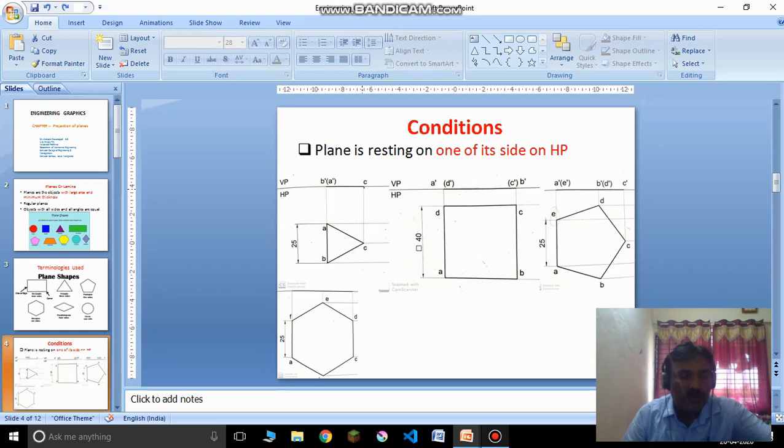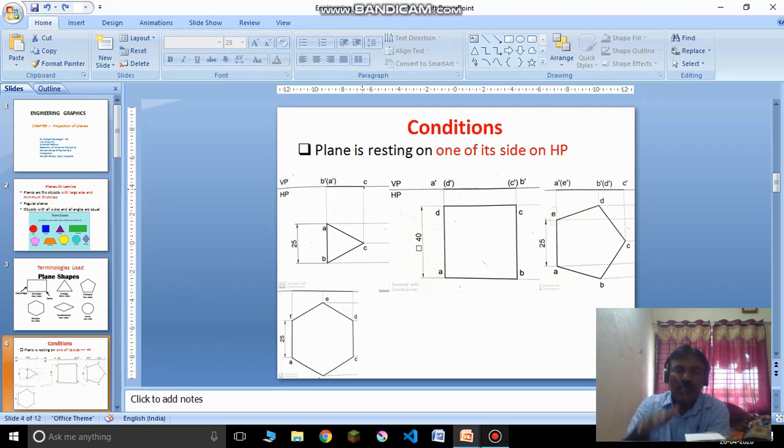If I take the example of a square lamina and give the naming A, B, C, D, it is on the horizontal plane. When I look from the top, the true shape is completely visible. I kept it in such a way that it is parallel to HP, on HP, such that one of the sides, you can say the AD side, is perpendicular to VP.